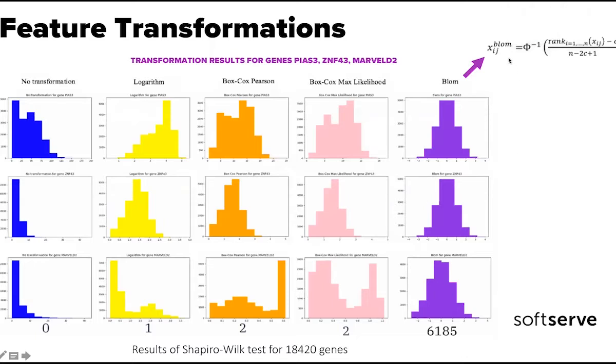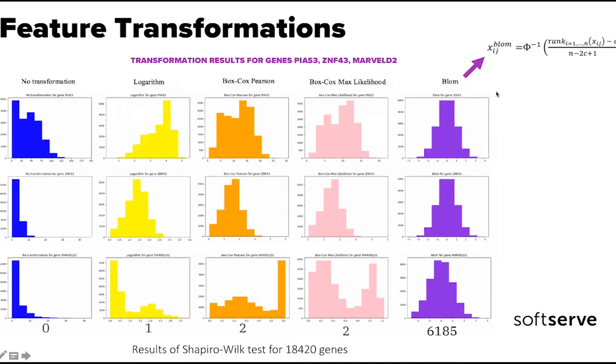And there is a reason for that, because inside of it, it first uses the rank transformation, which makes all of the gene expressions distributed uniformly, and then using some special function, it converts the uniform distribution to normal distribution.